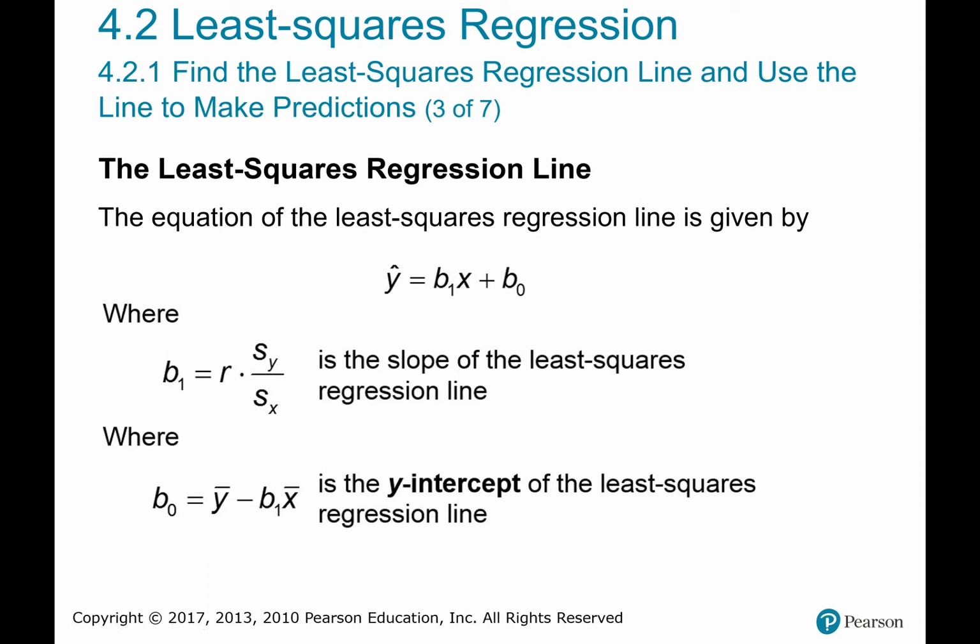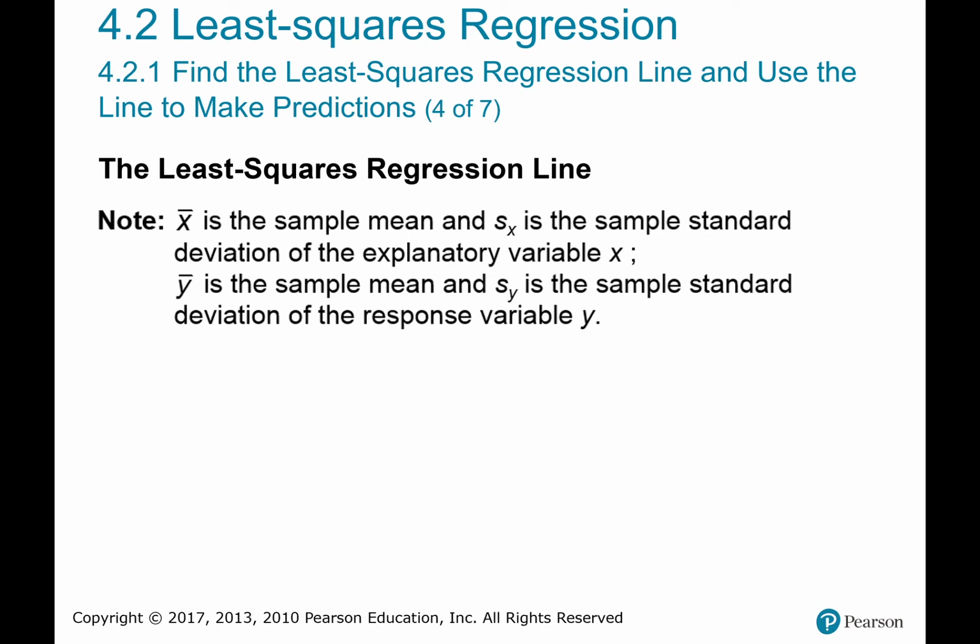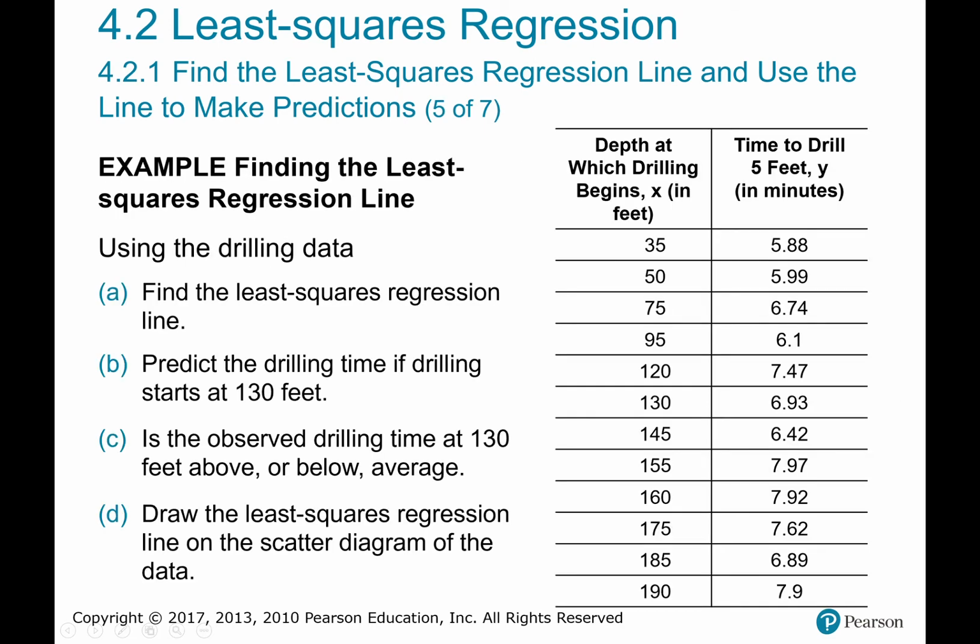The equation of the least square regression line is given by y hat equals b1 x plus b naught, where b1 is r times sy, the standard deviation of y, over sx, the standard deviation of x, and b naught is y bar minus b1 times x bar, the y-intercept of the least squares regression line. x bar is the mean of the x's, y bar is the mean of the y's, and you'd have to compute both means to figure this out, but we're using a calculator, don't forget.